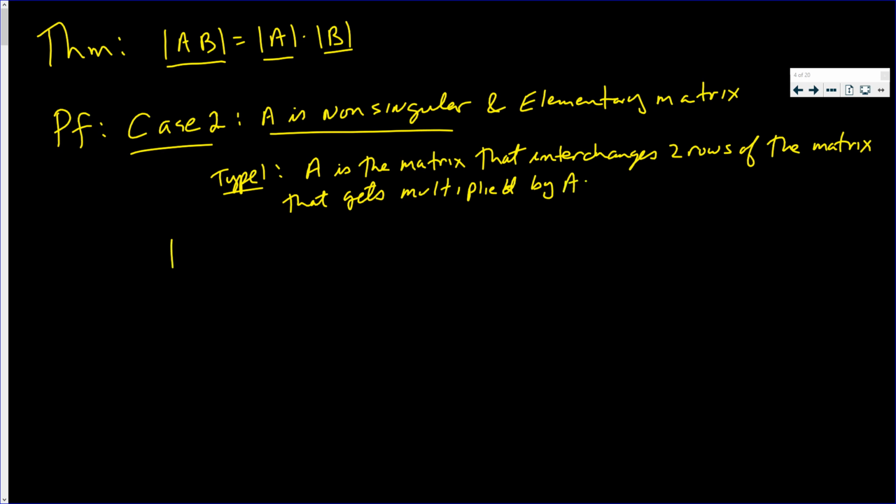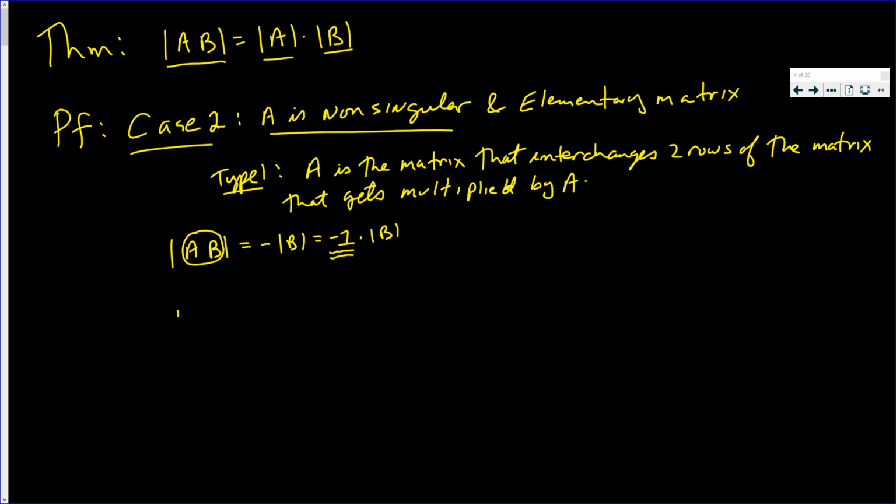So now, the determinant of A times B. Now, remember, this is a matrix that interchanges 2 rows of B. But we showed that that's not going to equal the determinant of B. It's going to equal negative the determinant of B, which is the same as negative 1 times the determinant of B. Of course, if I show that A had determinant negative 1, we'll be okay.